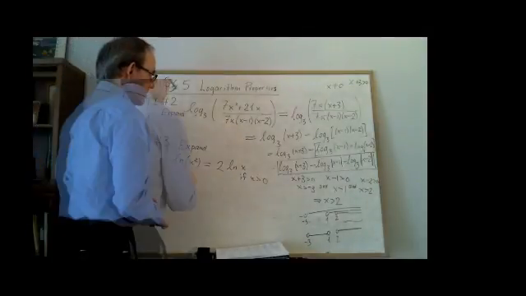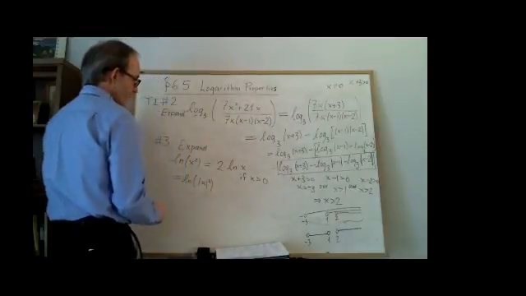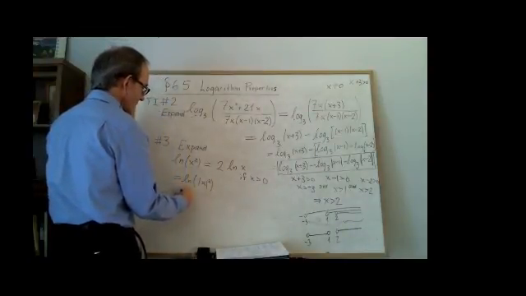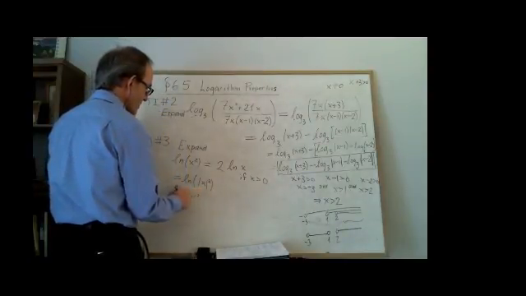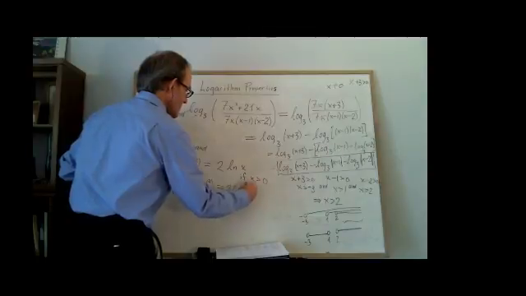But you can also write this as ln of absolute value of x squared, because x squared is equal to the absolute value of x squared. And this is equal to 2 ln absolute value of x.